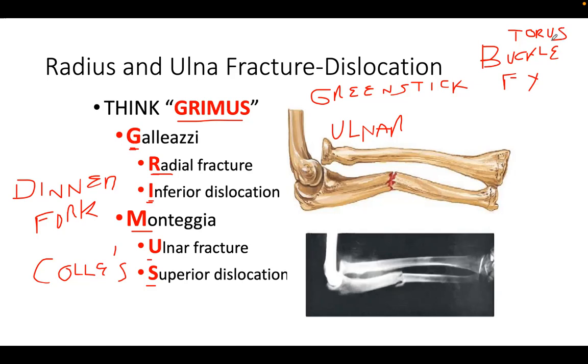A buckle fracture of the forearm is known as a torus fracture. Again, you usually see this in children. So please take note of this.